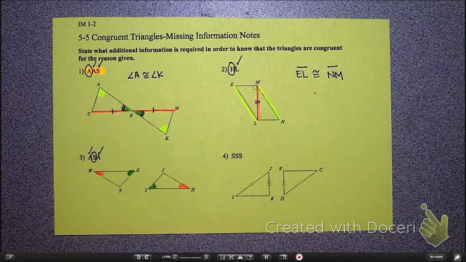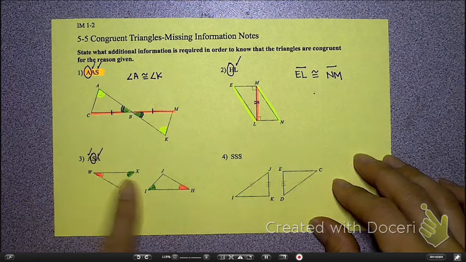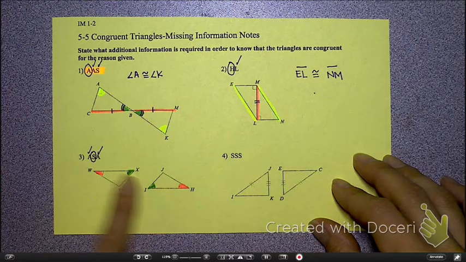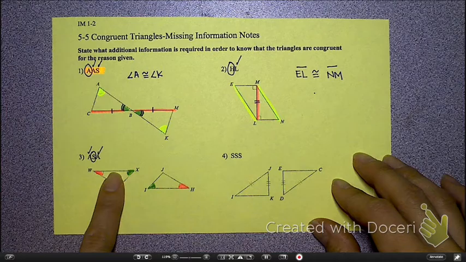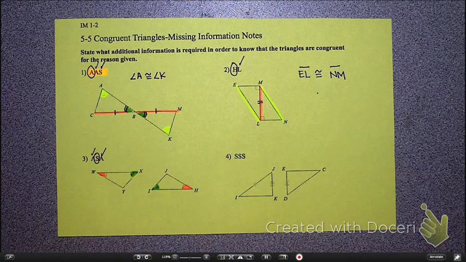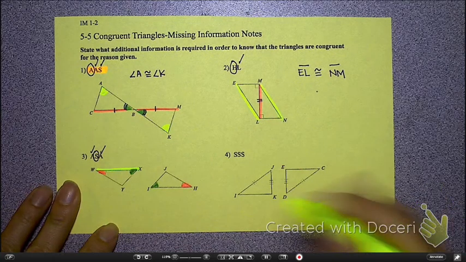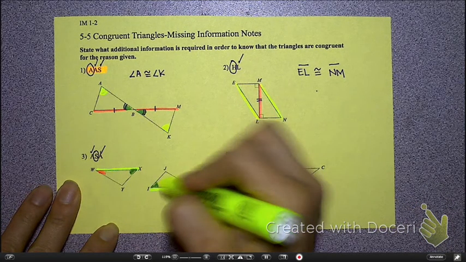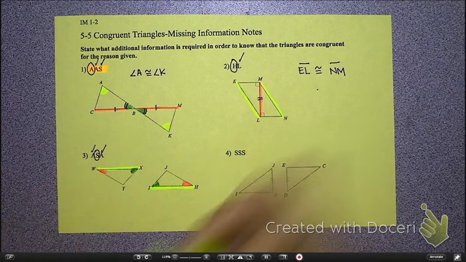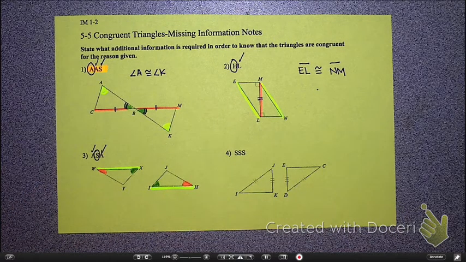Now, the side that I'm missing, which side is it? Is it this side? Is it this side? Or is it that side? That side. Okay, it's the side that is between the 2 angles, right? Okay, so let's highlight that missing side and highlight its corresponding side in the other triangle. Okay, so now, what am I going to call this side?